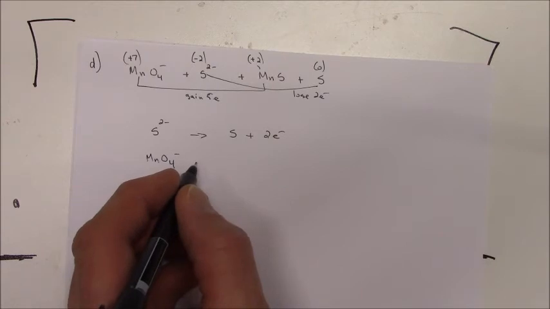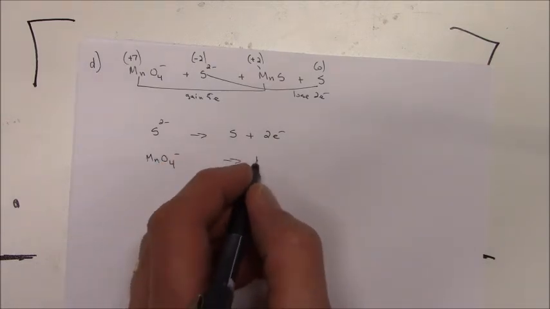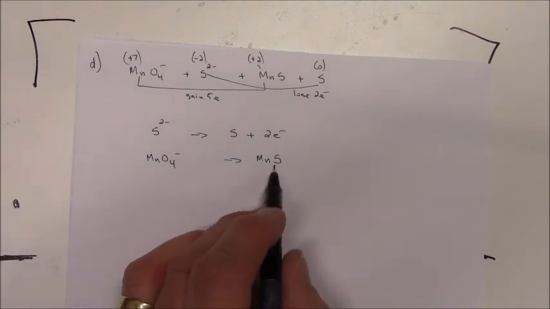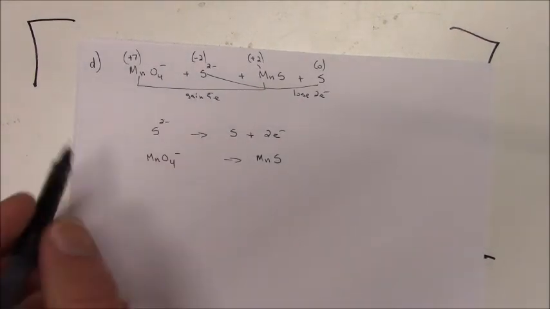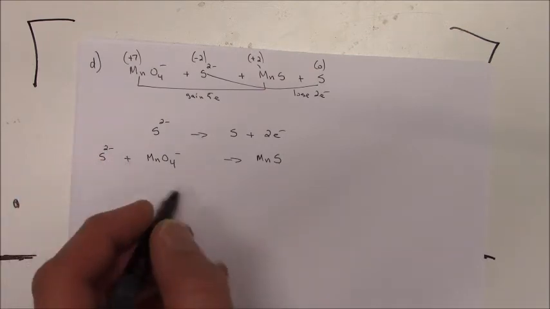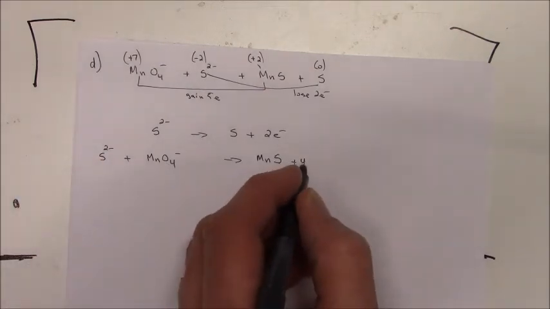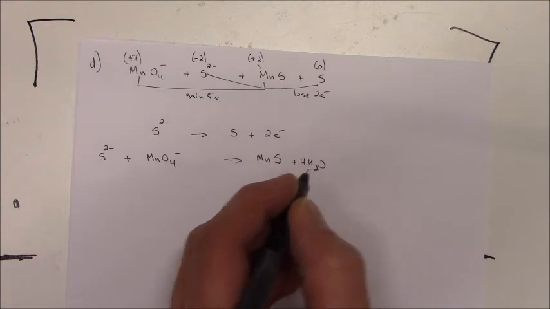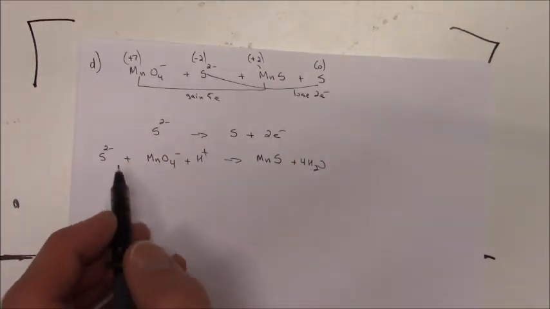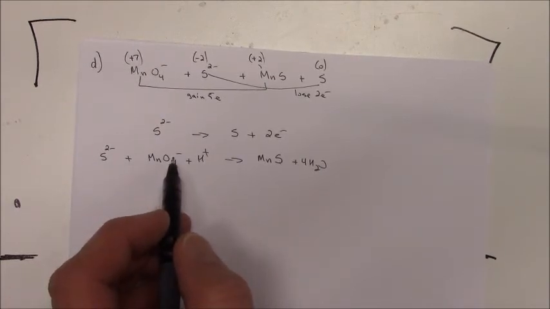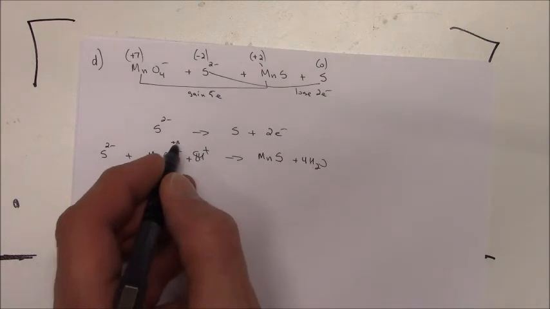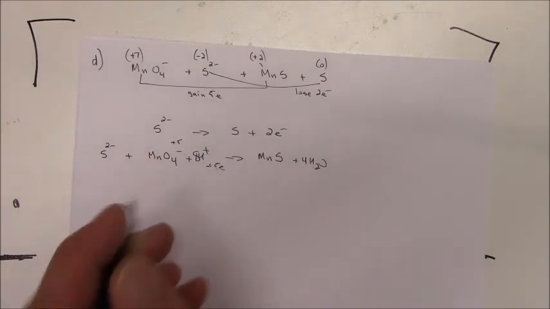MnO4 minus. Manganese good, but sulfur. So you have to balance with the source of sulfur in the equation to provide this one. So it'll be S2 minus. So now oxygens plus 4H2O. That's 8. 8. Now you're sitting at negative 3 plus 8. You're at a plus 5. So you're going to add 5 electrons.